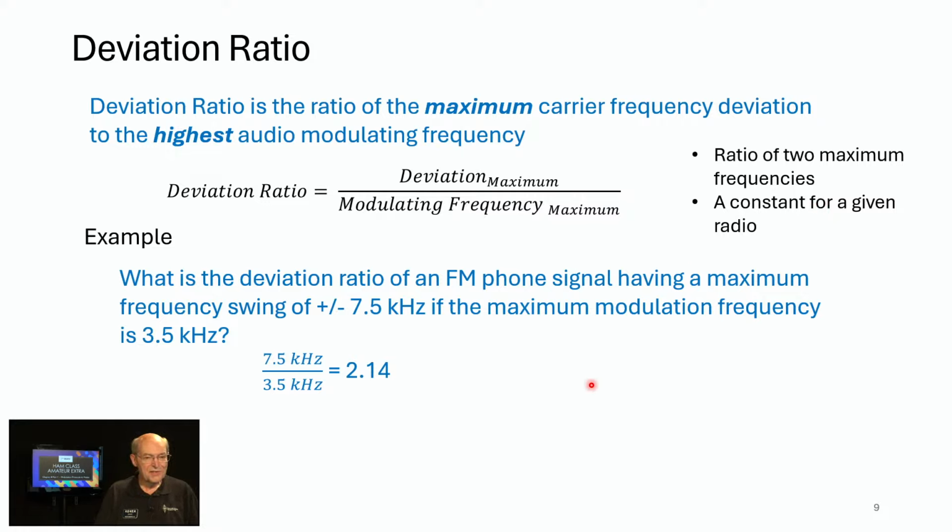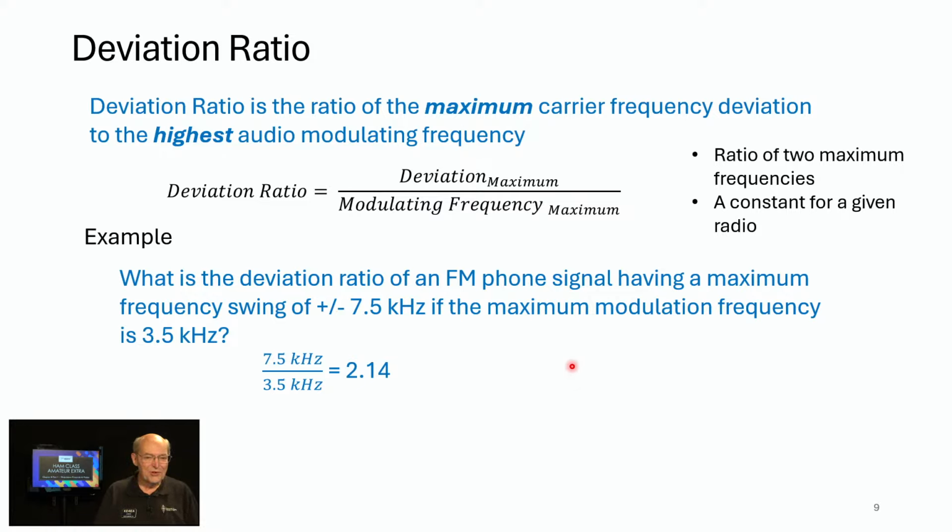So here's our first calculation. And these are going to be really easy. It says, what is the deviation ratio of an FM phone signal having a maximum frequency swing of plus or minus 7.5 kilohertz if the maximum modulation frequency is 3.5 kilohertz? Well, here's the formula, and you can memorize all of that stuff if you want to, but the easiest way to do this is something like we had back in op amps when we were calculating gain.